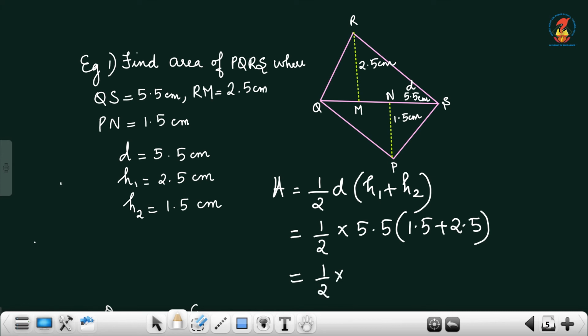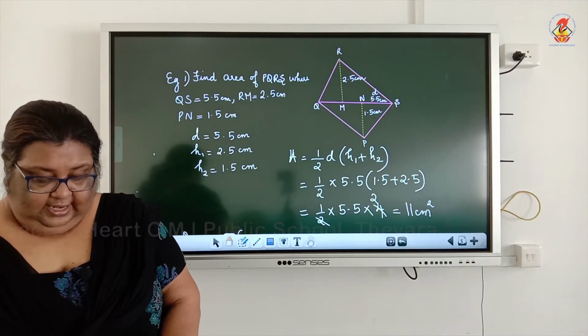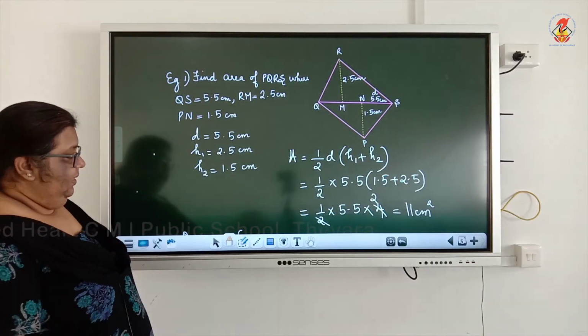Half into 5.5 into, what is 1.5 plus 2.5? It will be 4. You can cancel, and after multiplication you will get the answer as 11 centimeter square. So identify the height and then identify the diagonal, and you will get the answer.